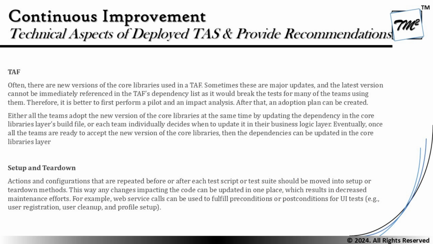Therefore, it is better to first perform a pilot and an impact analysis. After that, an adoption plan can be created. Either all the teams adopt the new version of the core library at the same time by updating the dependency in the core library layer's build file, or each team individually decides when to update it in their business logic layer. Eventually, once all the teams are ready to accept the new version of the core libraries, then the dependencies can be updated in the core libraries layer.